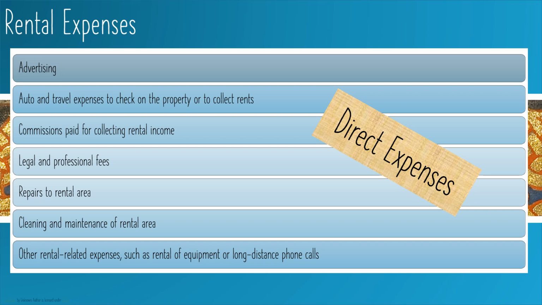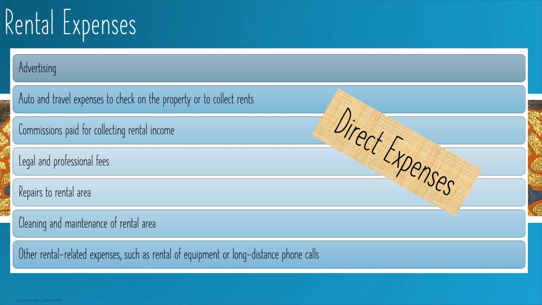So generally speaking, these are expenses that you might expect to be direct expenses, but anytime you have a client, you have to use your interview skills and determine whether they are accurately direct expenses, especially for a couple of these. So advertising is generally going to be a direct expense.